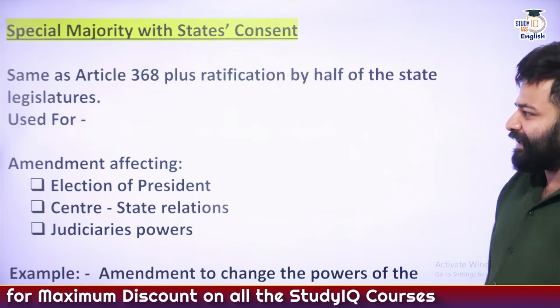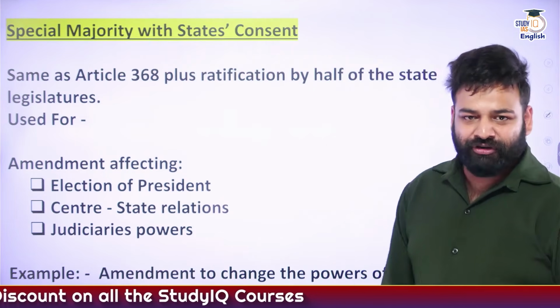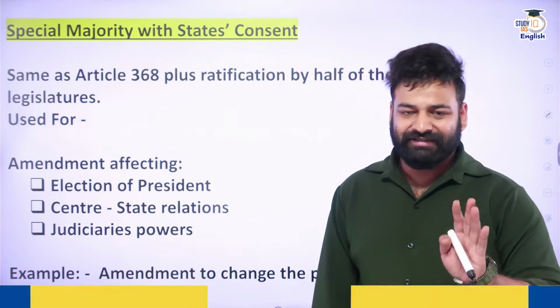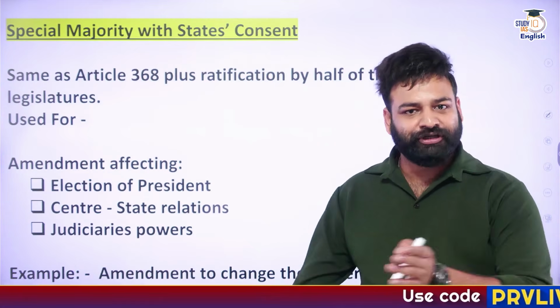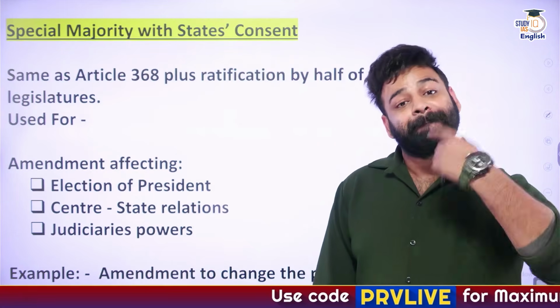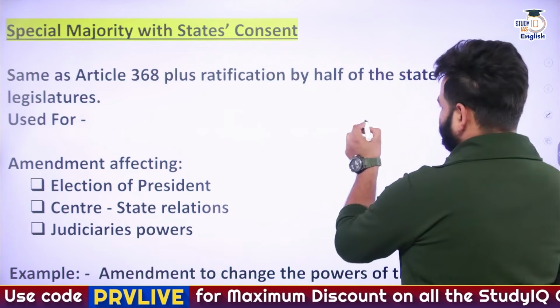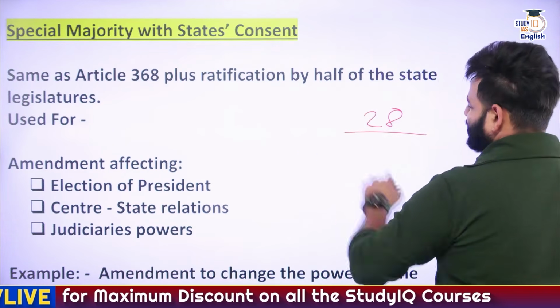So let's say I have got 2/3 of the members present and voting. That is done. Plus majority of the total strength of the house is done. Plus, out of 28 total states, let's say presently I have got 28 states.